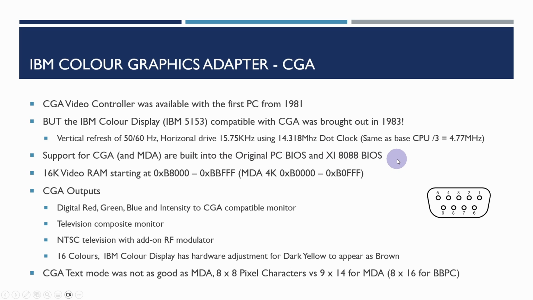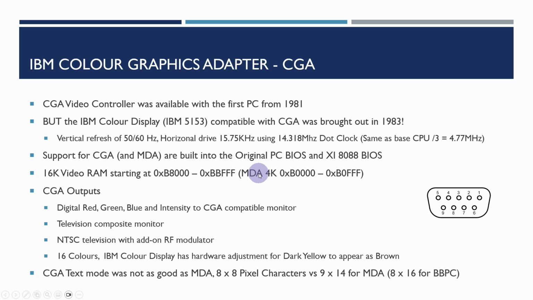Later video cards needed to include a video BIOS on the card itself. It uses 16K of video RAM and it starts at B8000 for 16K. I believe this whole range up to BFFFF is probably mapped, so this 16K RAM may appear twice in that address range.